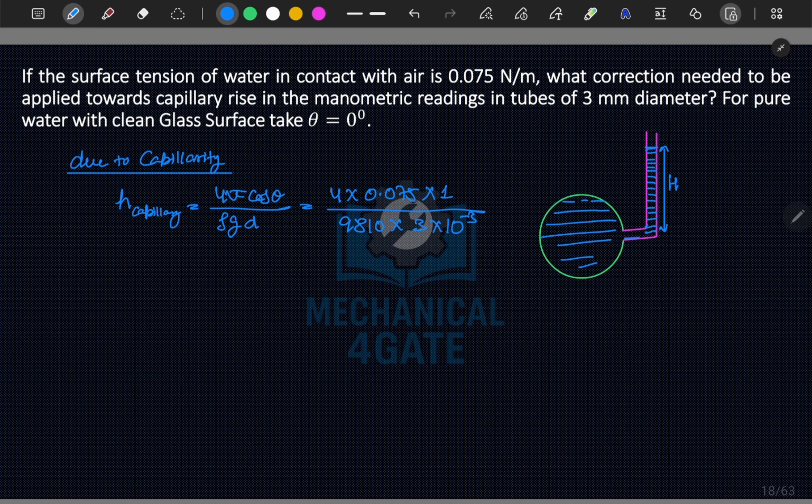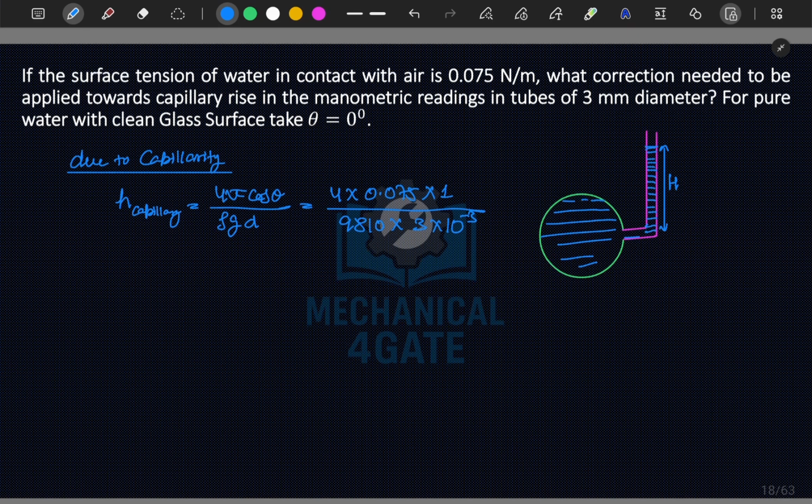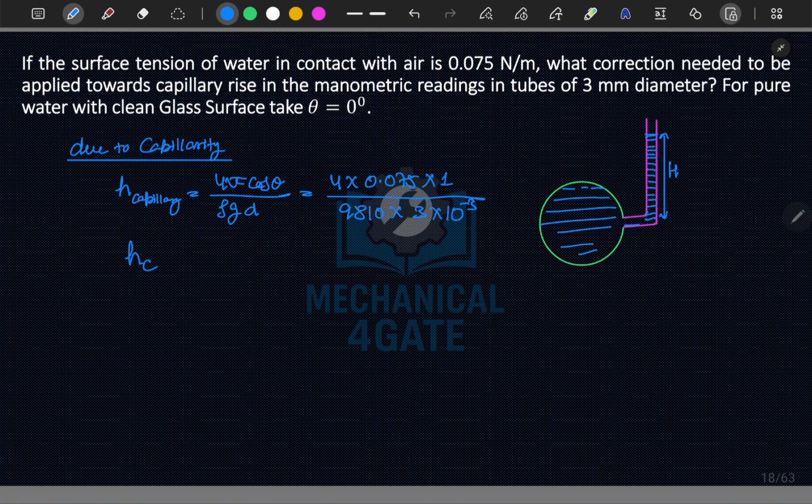So this will be 75 into 4 divided by 9810 divided by 3. We have obtained H capillary equal to 0.01019 meter, which is similar to 10.2 mm.